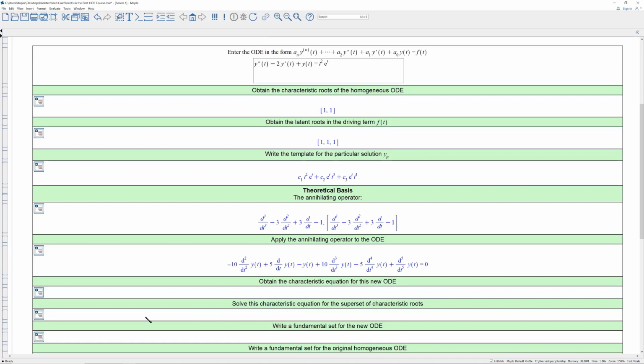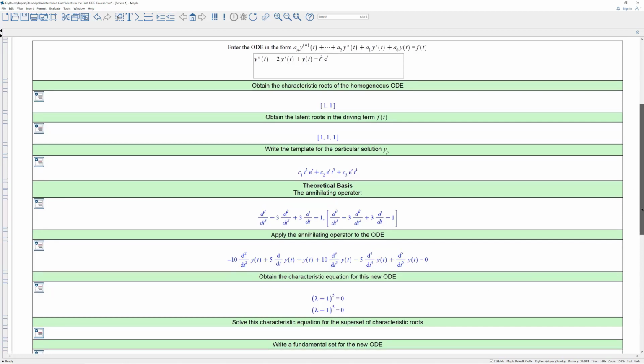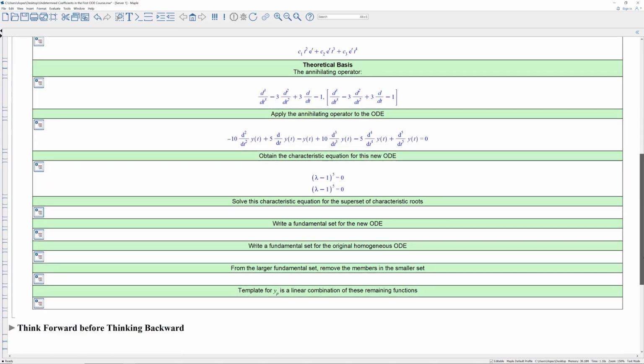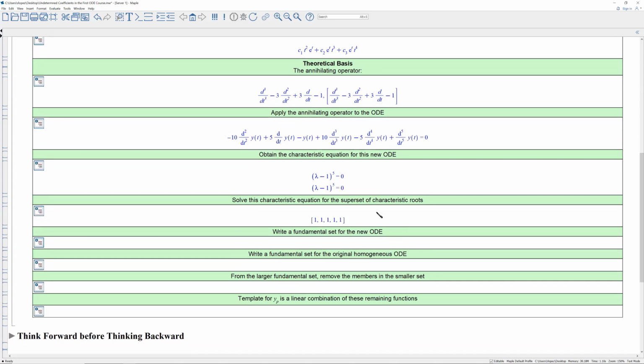So what's the characteristic equation for this equation? Well, again, it's printed out twice. It happens to factor lambda minus 1 to the fifth. 1 is a root 5 times. Now, if you were to solve that characteristic equation for the characteristic roots, you would get 5 1s.